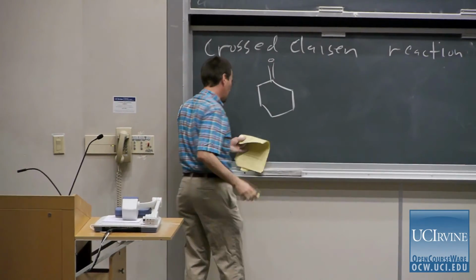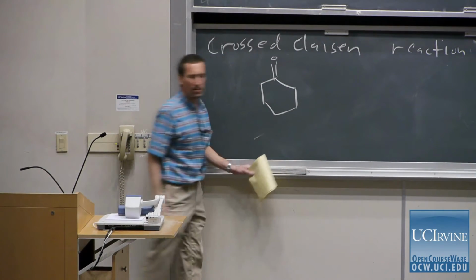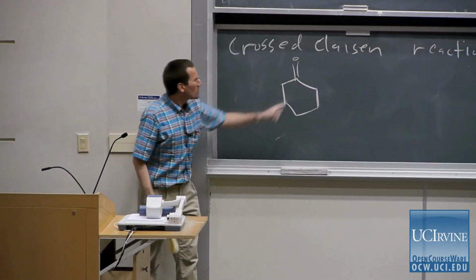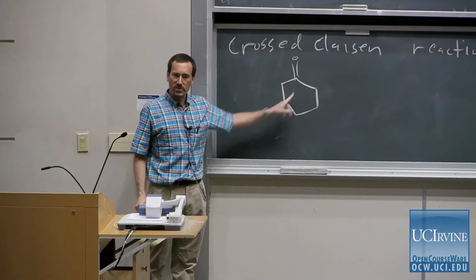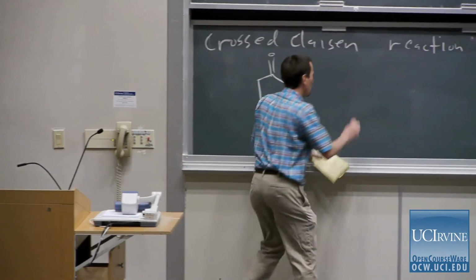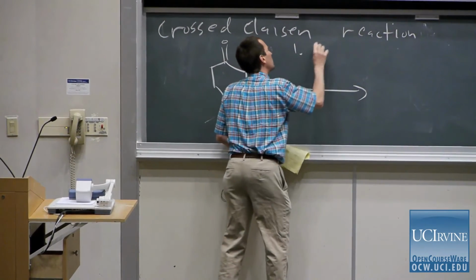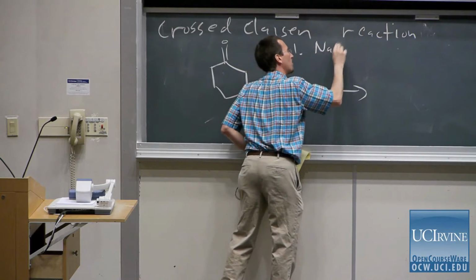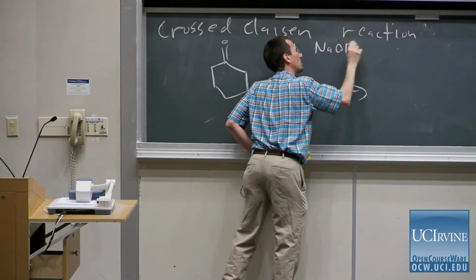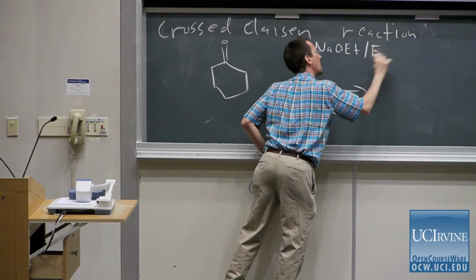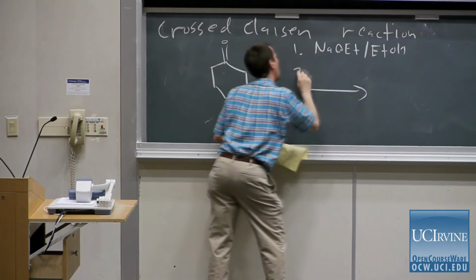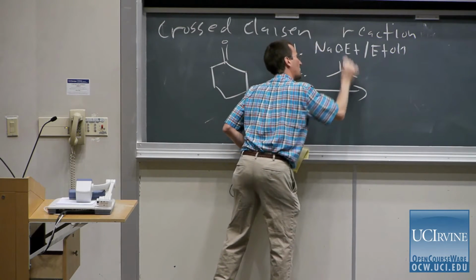It's the one we used in our Robinson annulation, so I thought it would be cool. So, cyclohexanone, simple compound. This is just a riff on the example above. Treat this with sodium ethoxide in ethanol, and then treat it with diethyl carbonate.